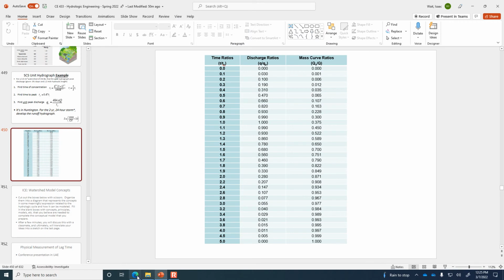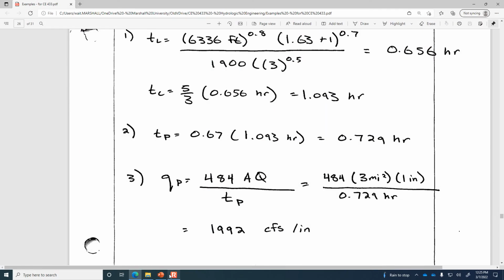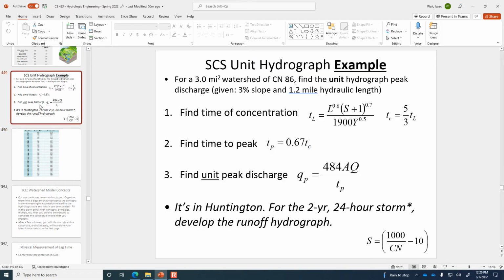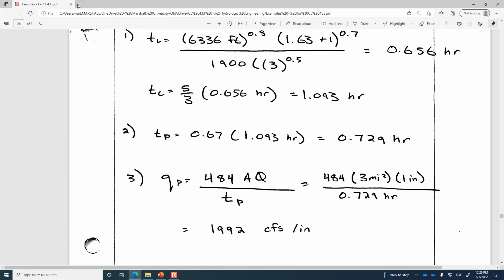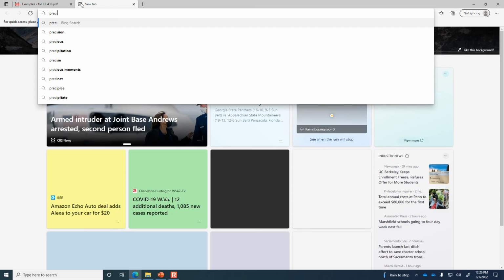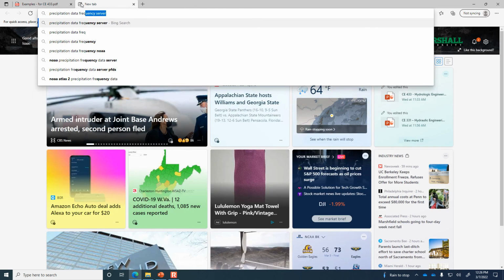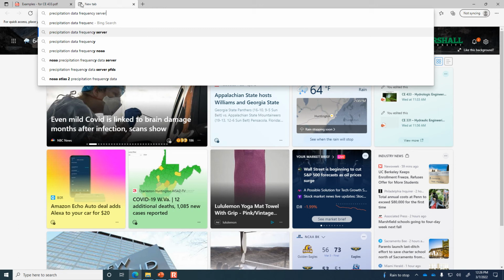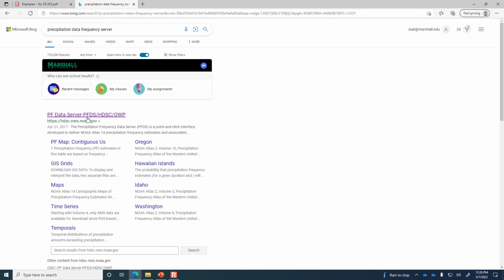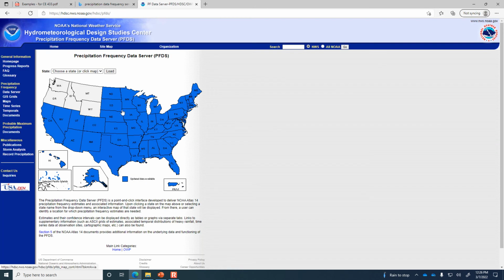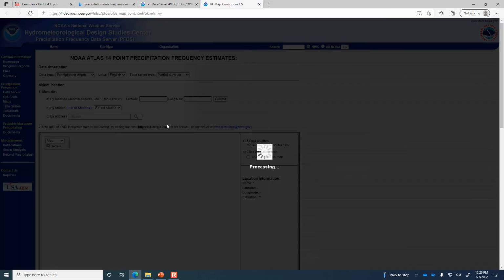So the second part of this example says this watershed is in Huntington, and we want to see the depth of precipitation that's associated with the 2-year storm, 24-hour duration. So let's go to the precipitation data frequency server. All right, so we're clicking on West Virginia for the map.